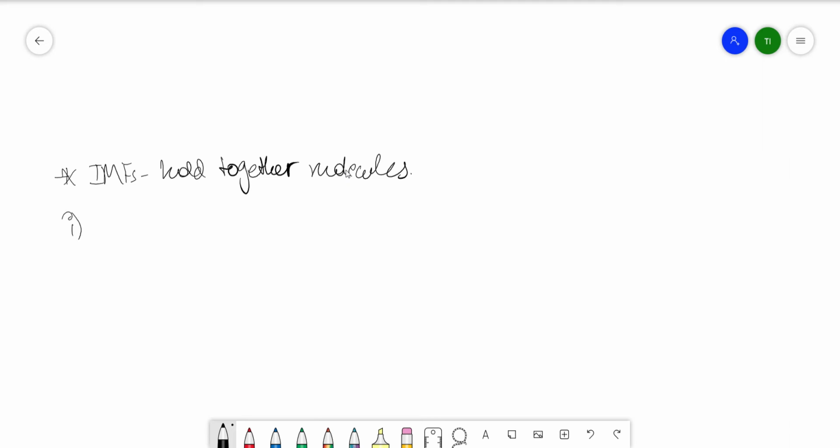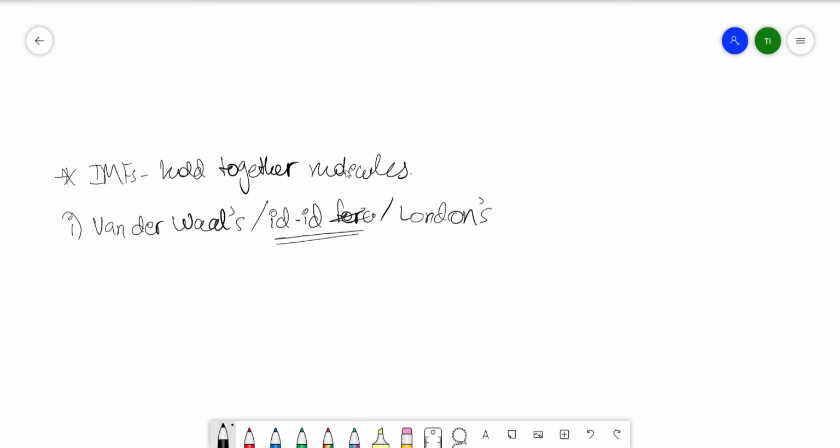One is van der Waals forces, also known as induced dipole to induced dipole forces, or London's forces. There are many ways to refer to this. Either one is correct, but in the more recent papers, this is the most used term. They don't accept van der Waals sometimes.